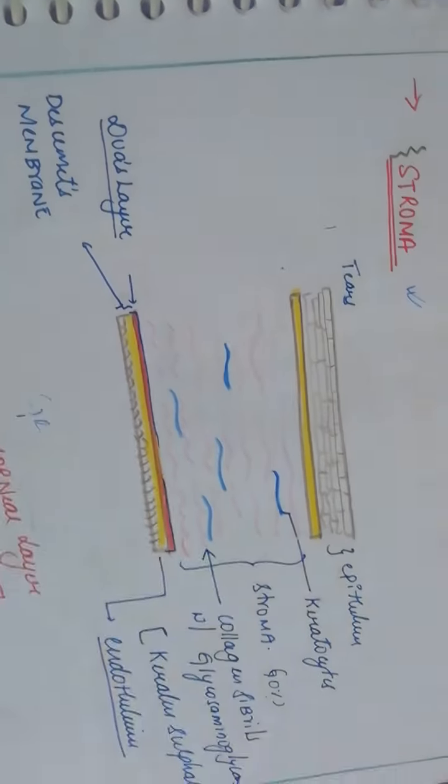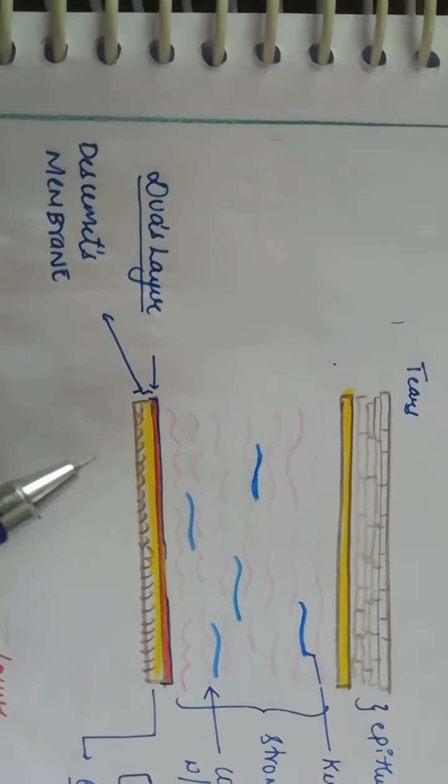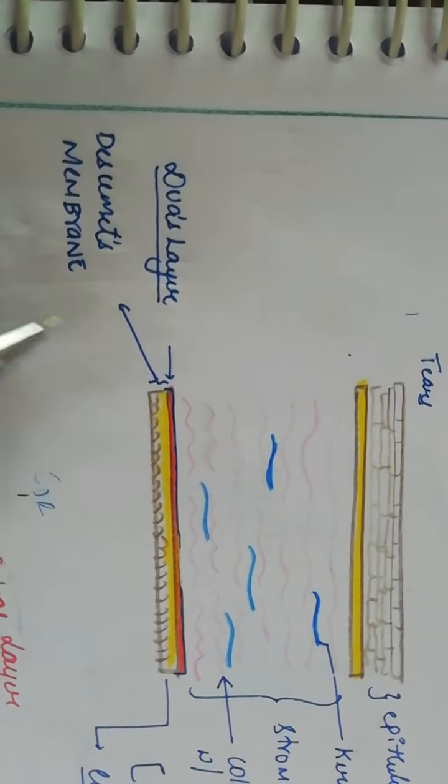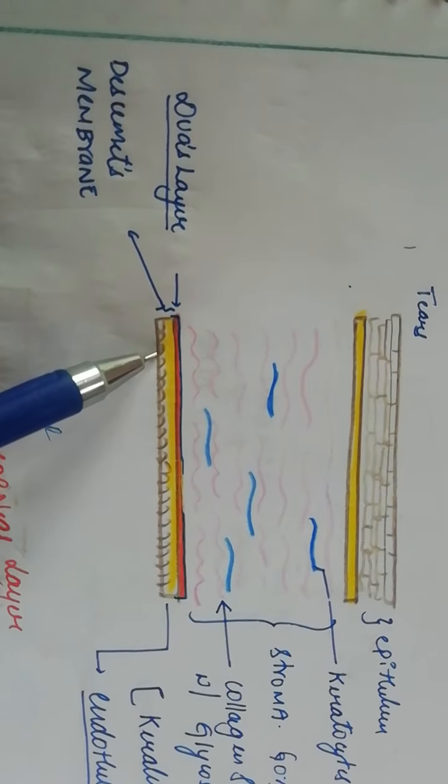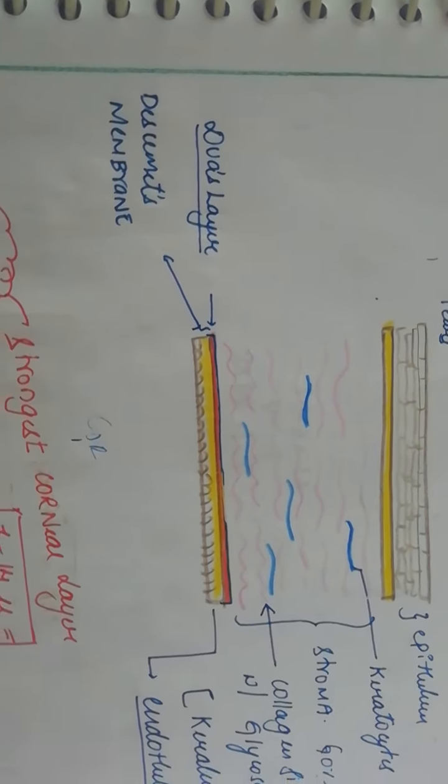Its thickness increases throughout life. And the peripheral termination of Descemet's membrane is known as Schwalbe's line. If you observe carefully here, below Dua's layer you have Descemet's membrane, and the one below is the endothelial layer.